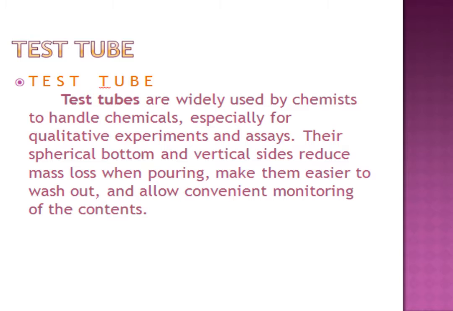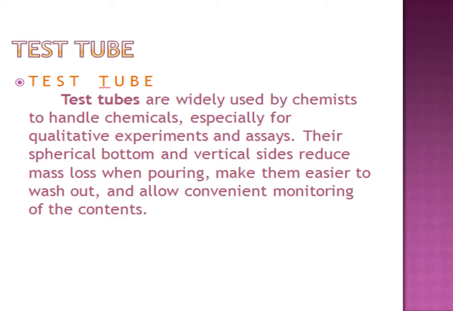Test tubes are widely used by chemists to handle chemicals, especially for qualitative experiments and assays. Their spherical bottoms and vertical sides reduce mass loss while pouring, make them easier to wash out, and allow convenient monitoring of the contents.